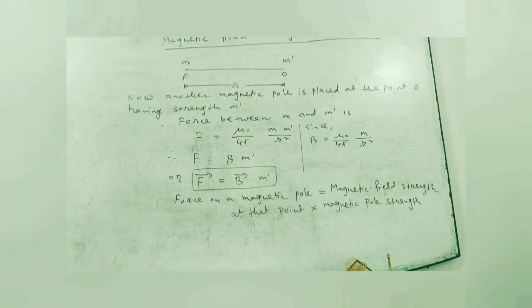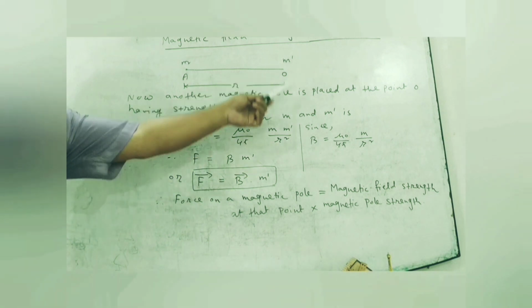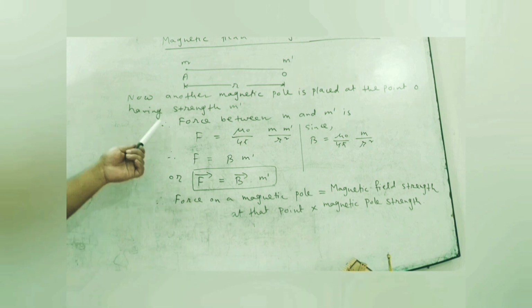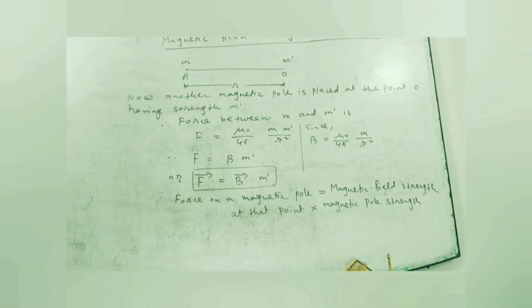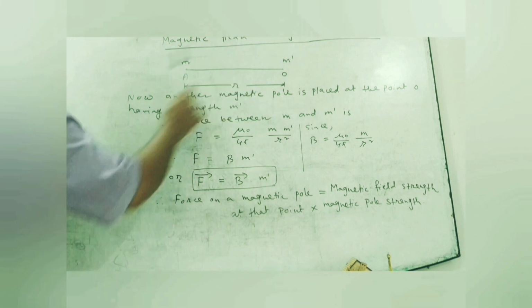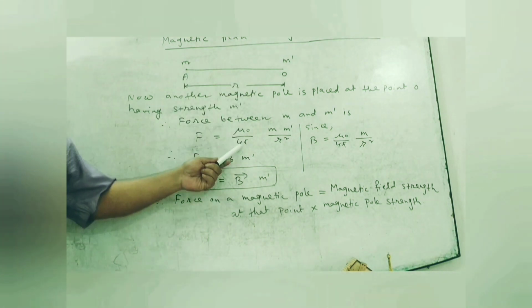Now we are going to establish the relation between magnetic field strength and the force on a magnetic pole. Let another isolated magnetic pole be placed at the point O. Its pole strength is m prime. Therefore, the force between m and m prime is F is equal to mu0 by 4 pi m m prime by r square.